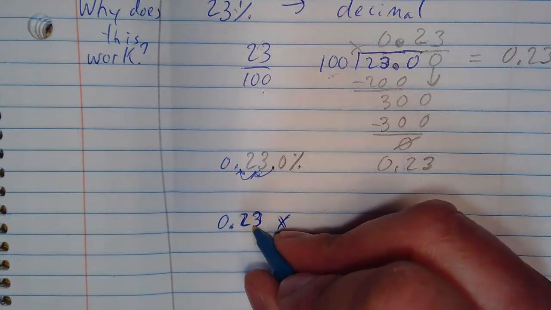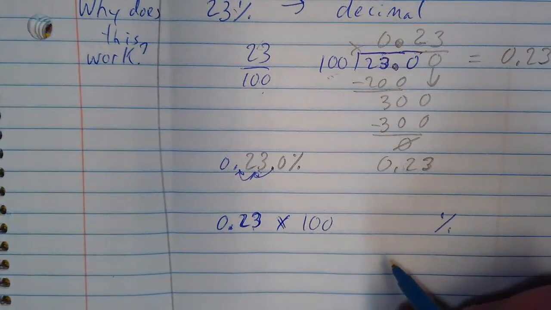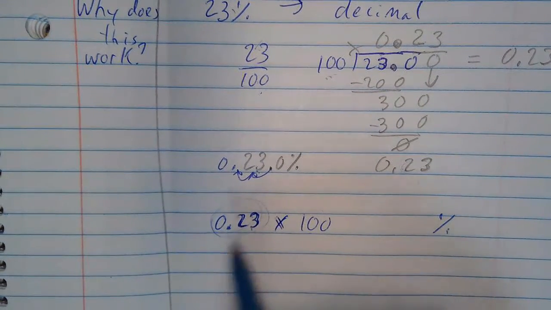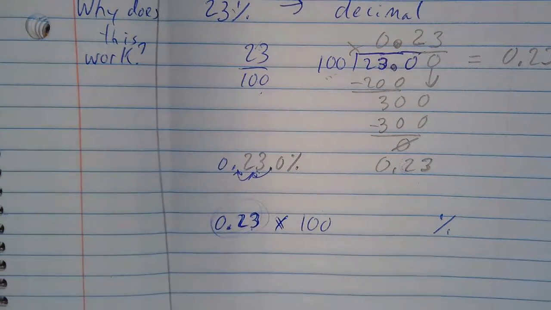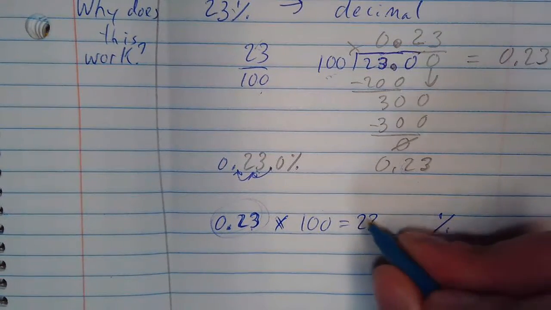I want 100 of these. Right? I want 100 of these groups of 23 cents. If I do that, that gives me $23. You know, again, let's think of money.